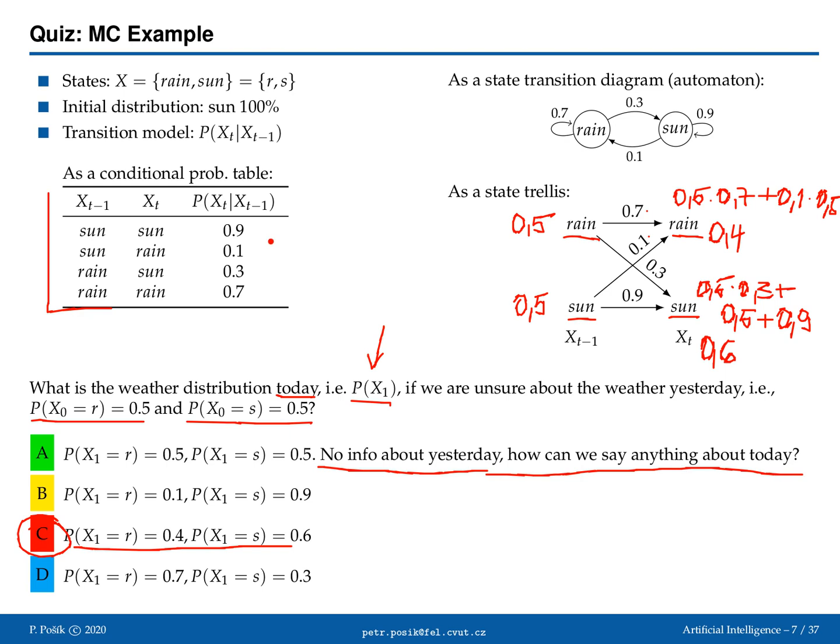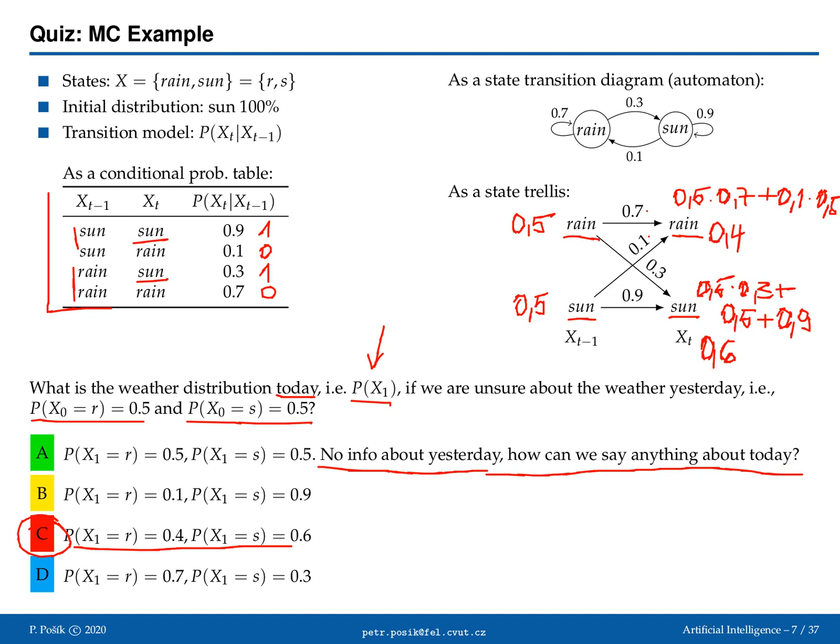And maybe it may look like this. So it will give 1 to sunny weather for today, no matter what was the state yesterday.